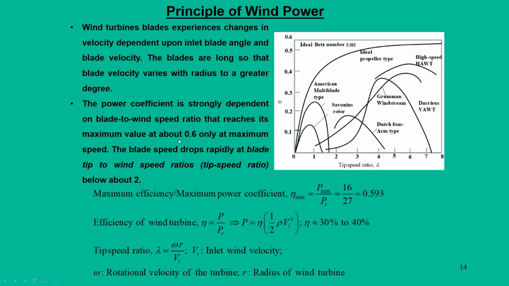It reaches a maximum value of about 0.6 only at the maximum speed, and drops rapidly with blade tip to wind speed ratio below 2. That means, for multi-blade type rotors, for which the tip speed ratio does not exceed 1.2, you can see efficiency drop drastically when the tip speed ratio is less than 2.